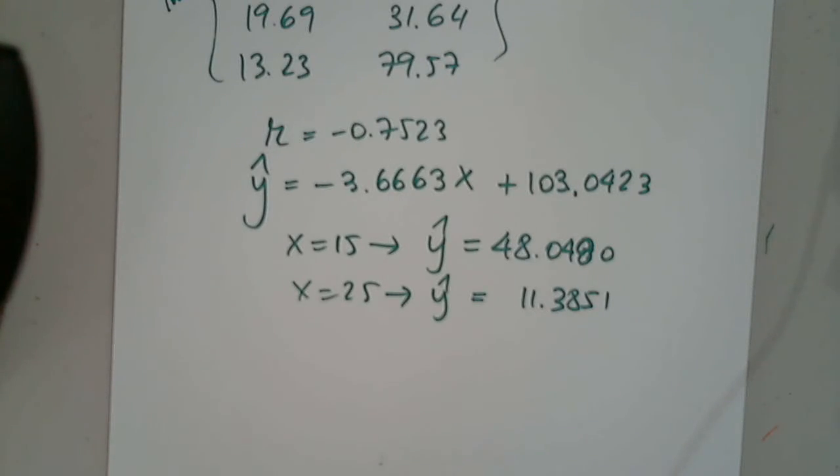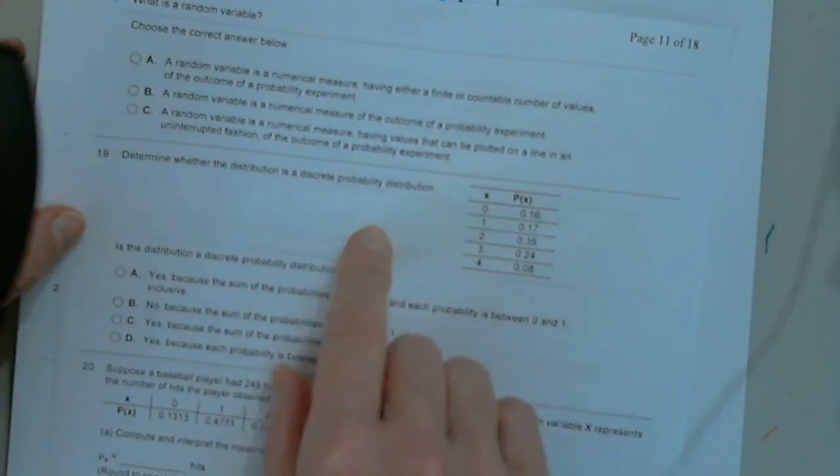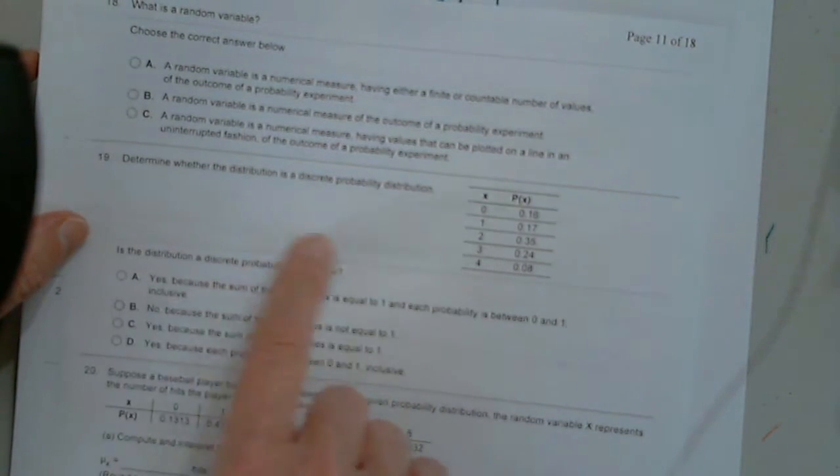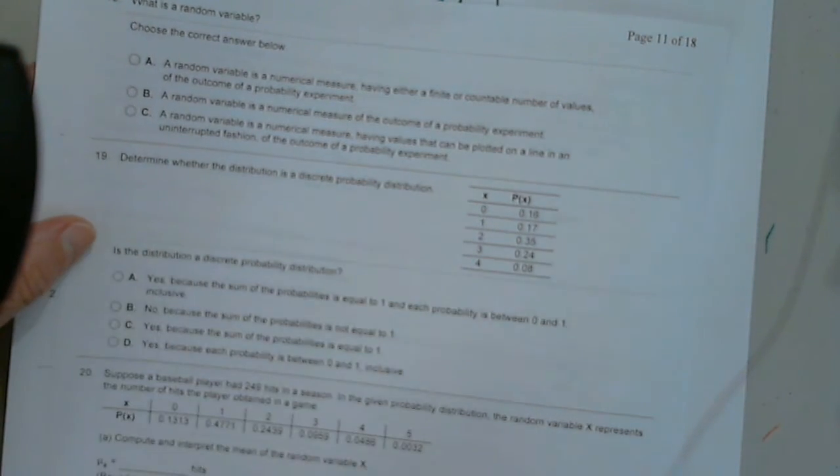Okay, so I'm looking now at these problems, starting with 18. I would like to look at this one, 19. Determine whether the distribution is a discrete probability distribution.